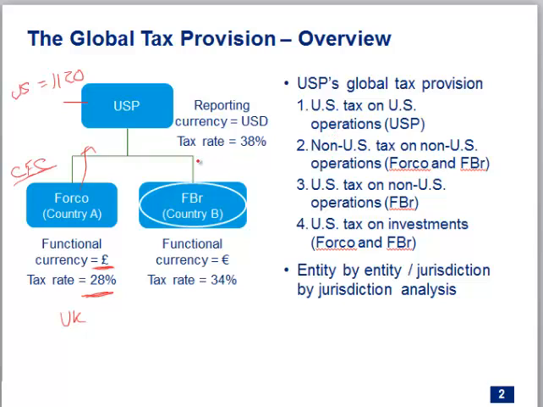Our FBR is short for our foreign branch. And the foreign branch is an operation that is, in this example, doing business in a country where the currency is the euro, and the tax rate is 34%. Right? Like that could be France.